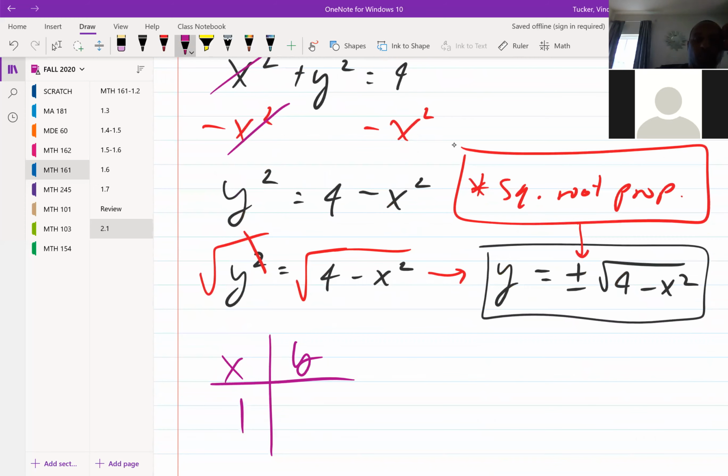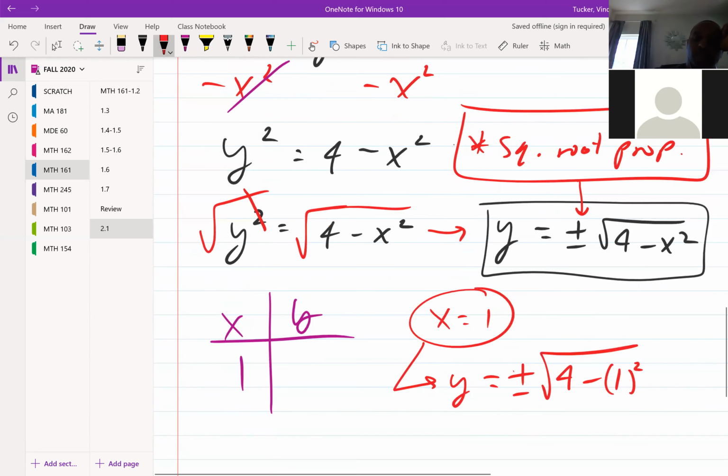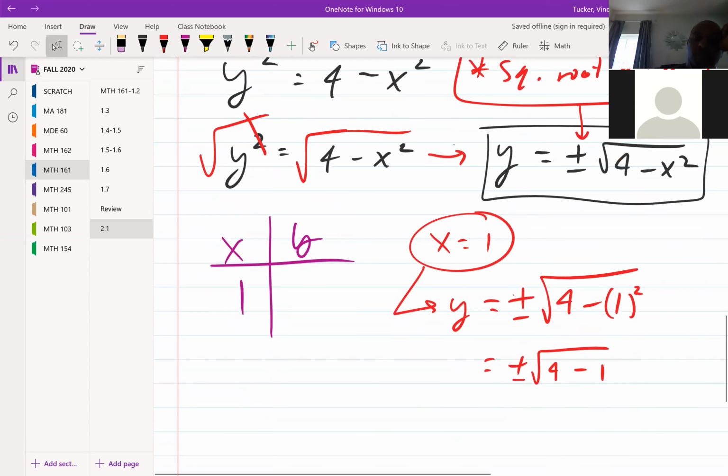And if I plug in 1, if I let x be equal to 1, plus or minus the square root of 4 minus 1, plus or minus square root of 3.